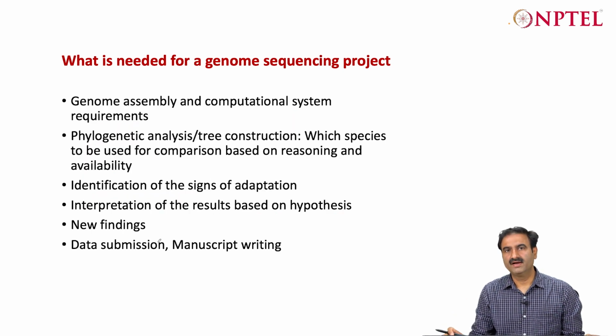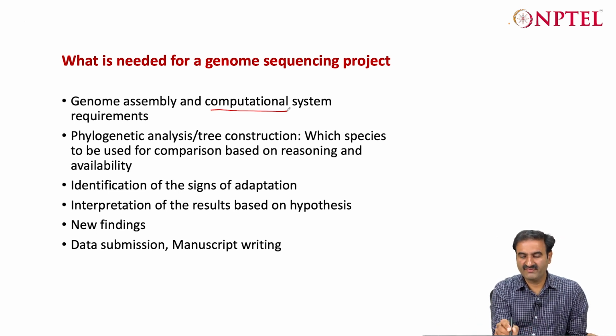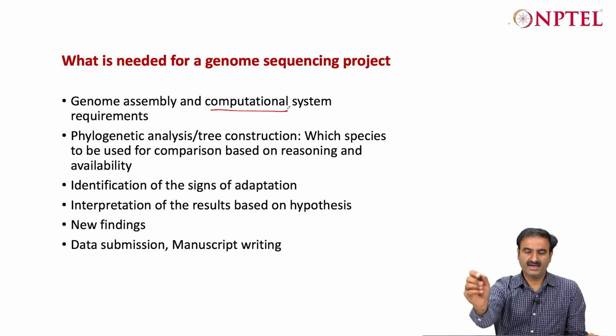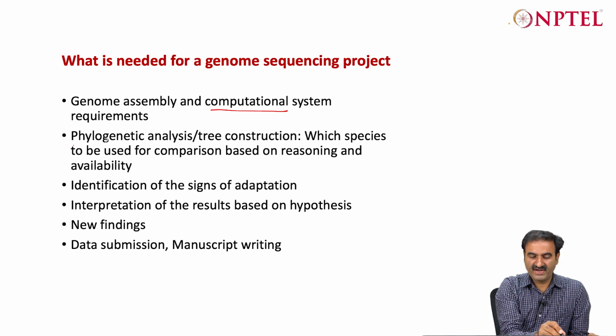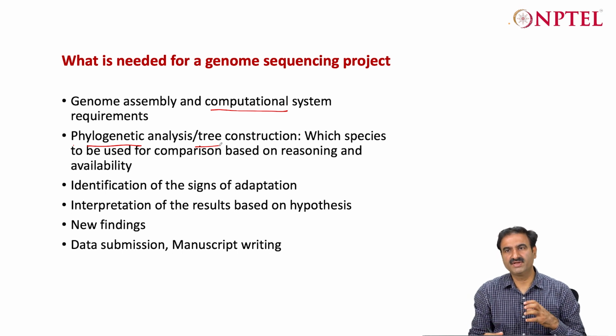Then, based on the genome size, you have to see whether you have a sufficient computational system available with you, or you are taking help from someone. After that you have to design an appropriate phylogenetic analysis for constructing a phylogenetic tree, so that you can show how different or distant it is from other closely related or distant genomes.